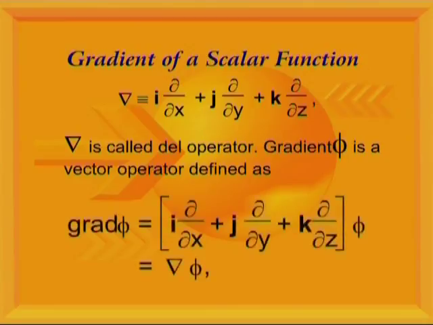So del phi will be equal to i partial derivative of the function phi with respect to x plus j partial derivative of phi with respect to y plus k into partial derivative of phi with respect to z. So this will be del phi, and this del phi will be called the gradient of the function phi.